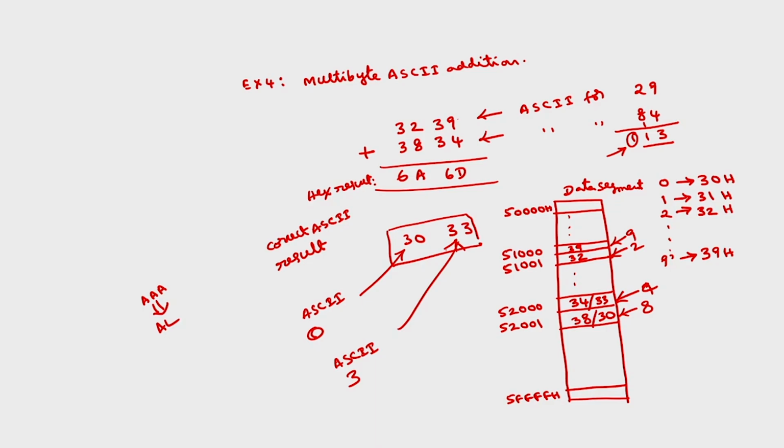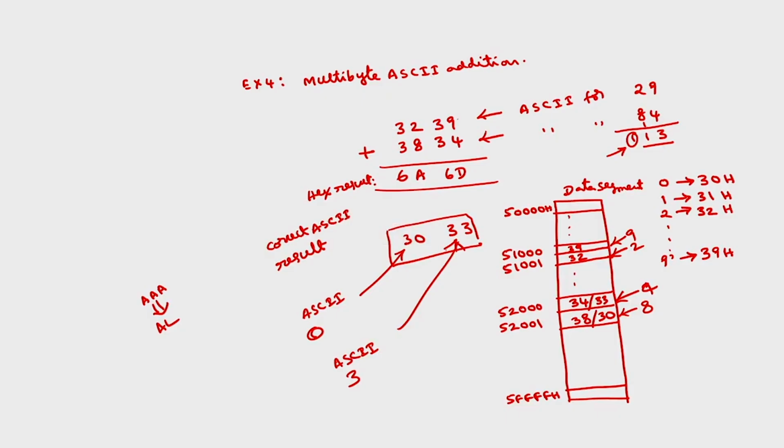I am going to take 2 onto CX, so that I can use the loop instruction. MOV AL, contents of BX. So, I am taking the 32, 39, 38, 34.